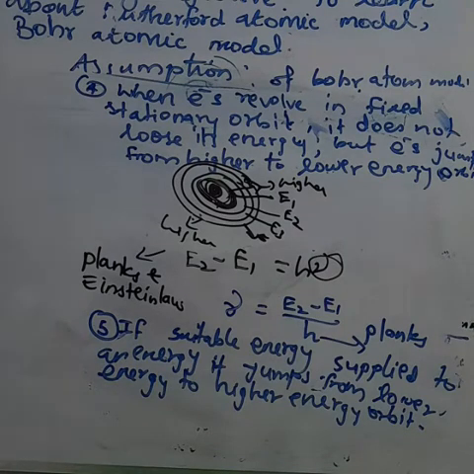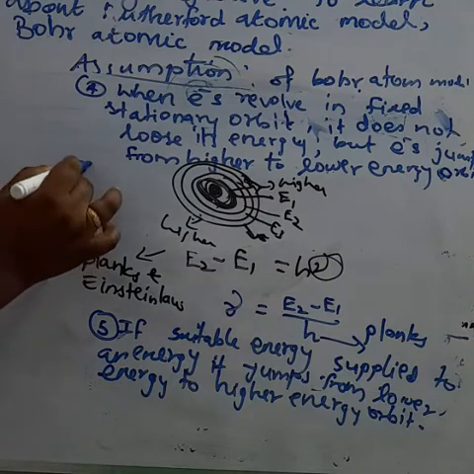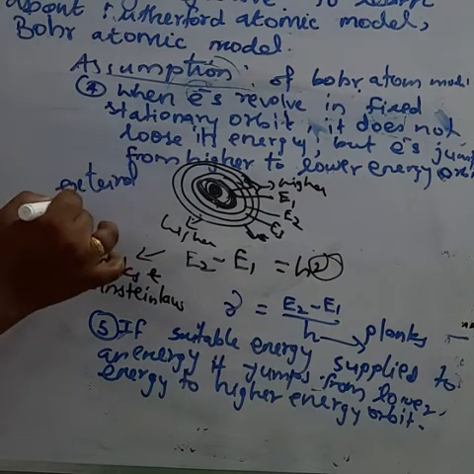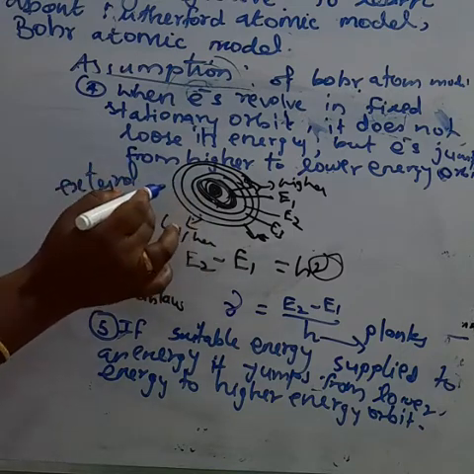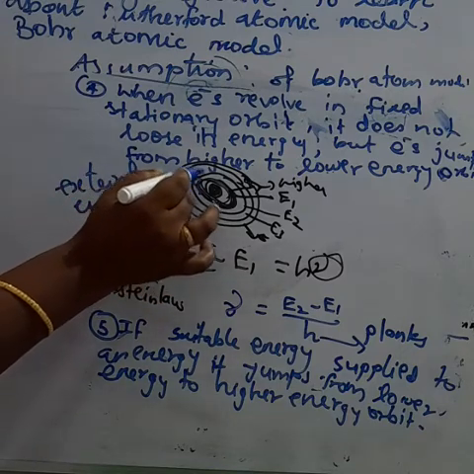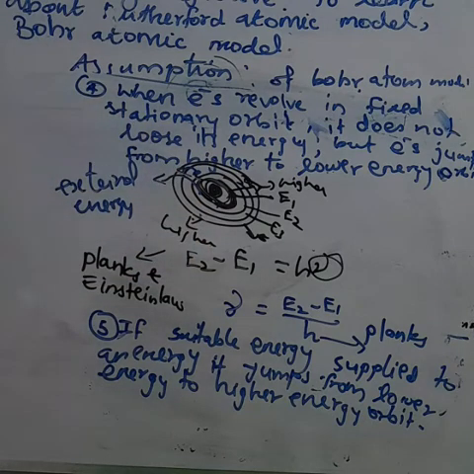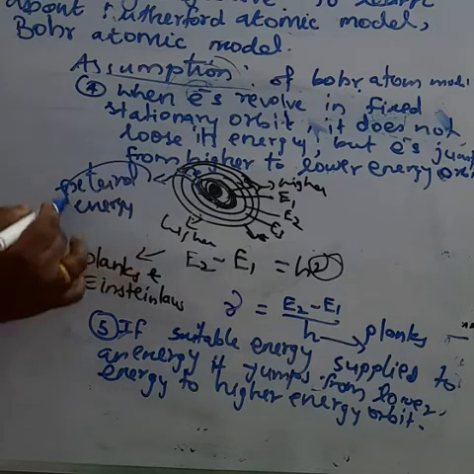Listen carefully. When we are giving some external energy, the electrons can jump from lower to higher. So when the electrons jump from lower to higher, you should provide energy, otherwise they cannot jump.